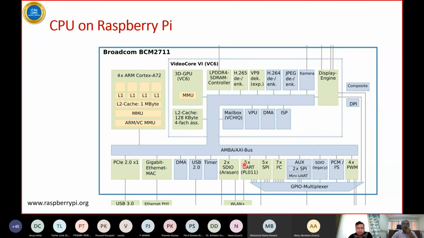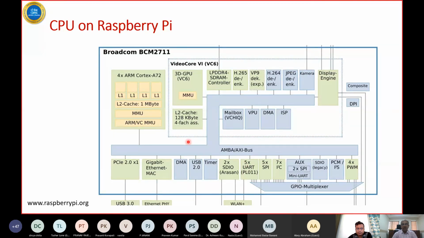So this is another view of what is inside that ARM chip that's used by Raspberry Pi. I noticed that in the subsequent lectures, you are going to have a hands-on demonstration using Raspberry Pi. Raspberry Pi uses an ARM-based Cortex A72 chip from Broadcom called BCM2711.